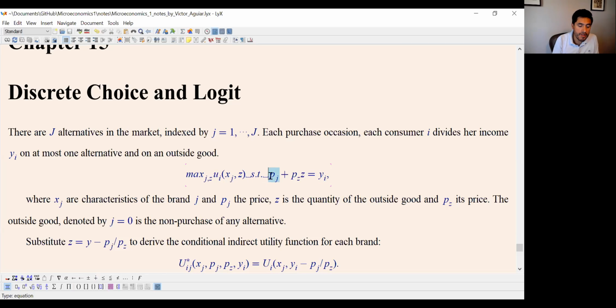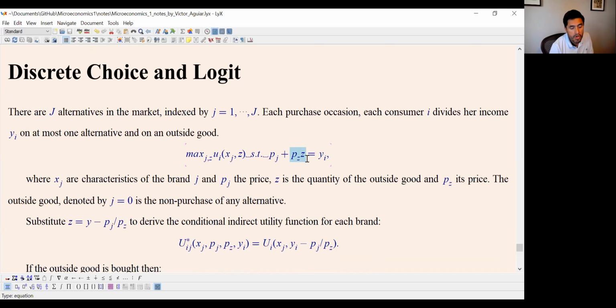This is the price of the average dish at Baraka, for instance. And then here you have basically the interest rate for savings. This P_Z you can set to 1. It's not that important, but this is the money that remains, the adjustment variable.